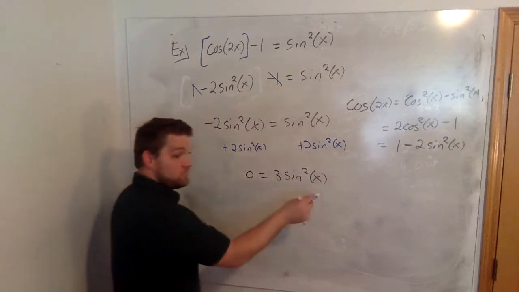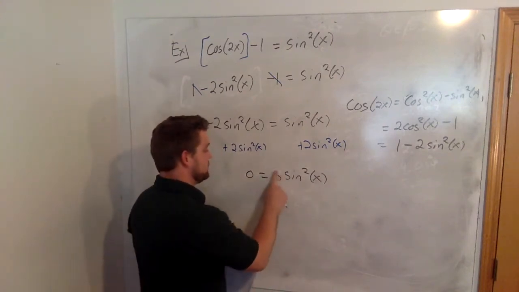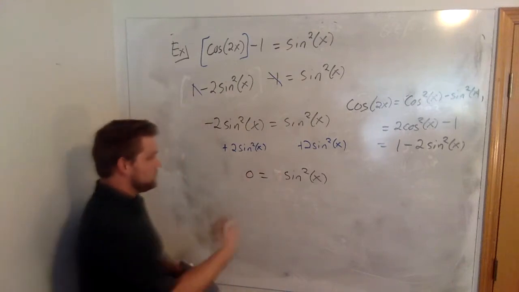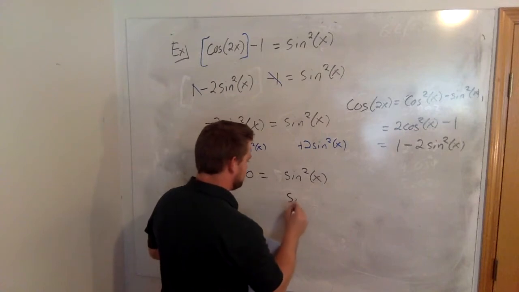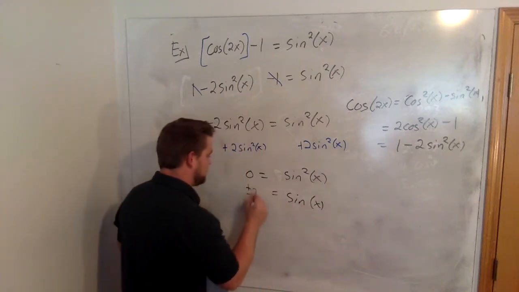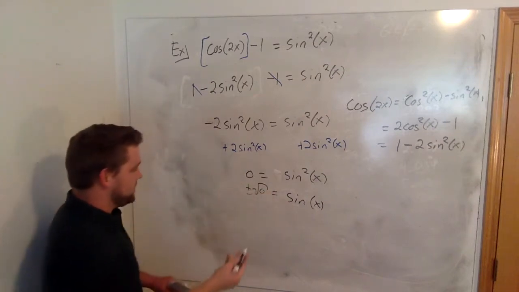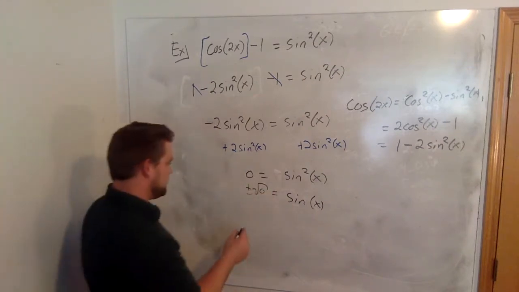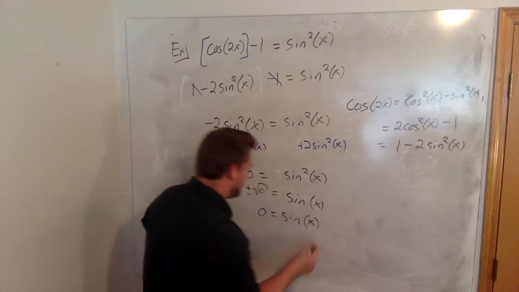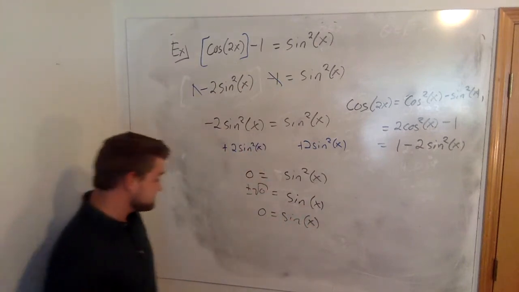Well, if you want, we could divide both sides by 3. So that'll get rid of this 3. 0 divided by 3 is 0. We could also square root both sides, so that would be equal to plus or minus root 0. But plus or minus root 0 is just 0. So really this just comes down to us figuring out when sine of x is equal to 0.